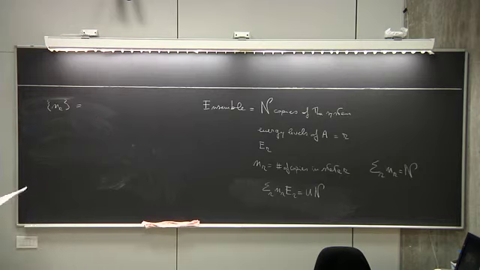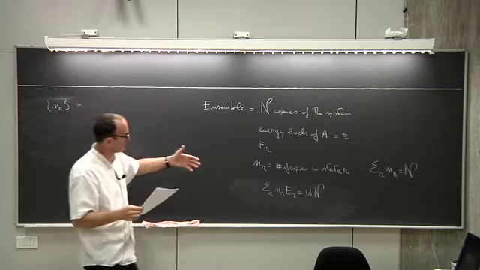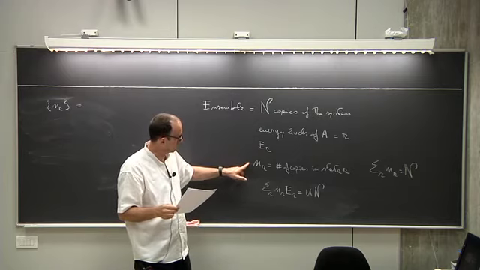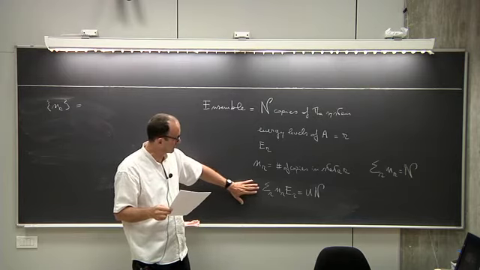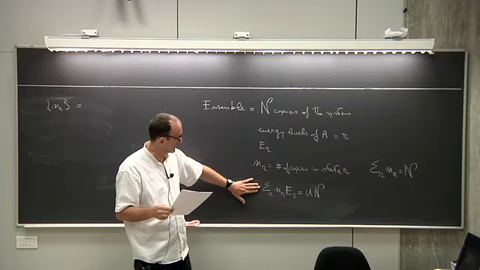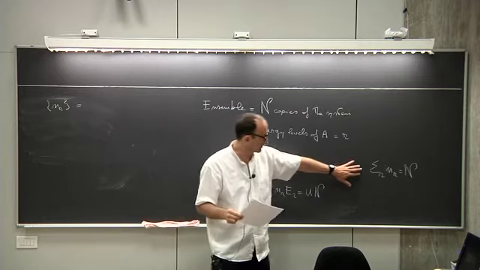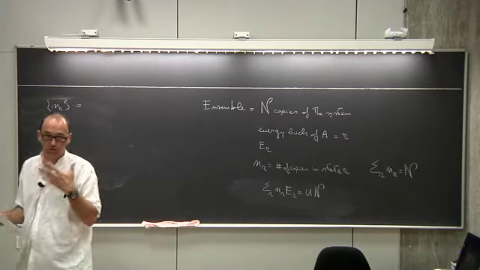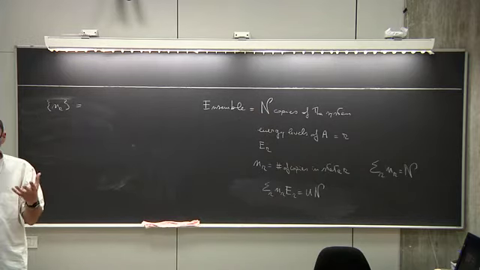And you have to think that any assignment of these numbers which satisfies this constraint and this constraint, we want to give to this assignment an equal probability.